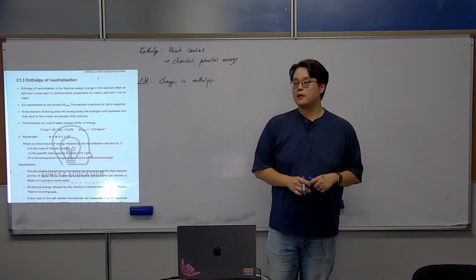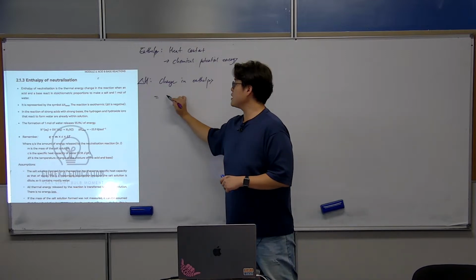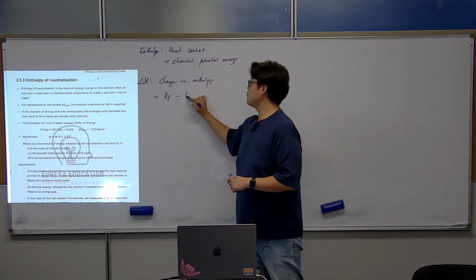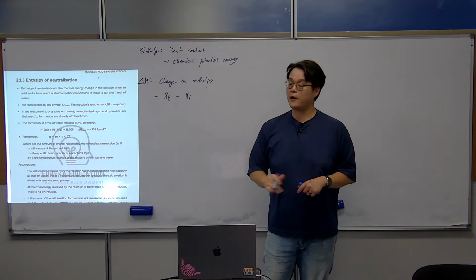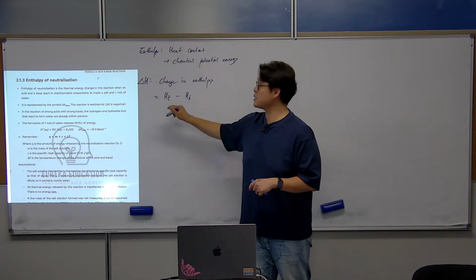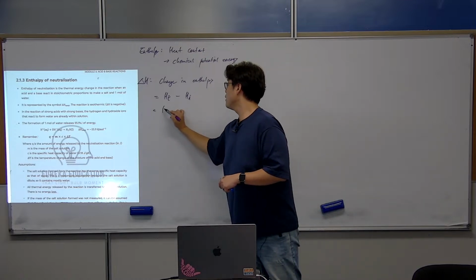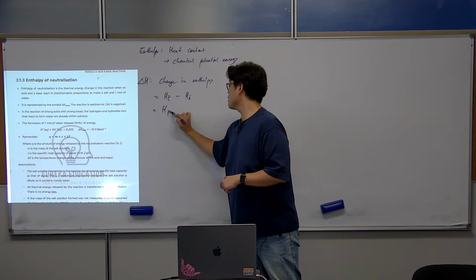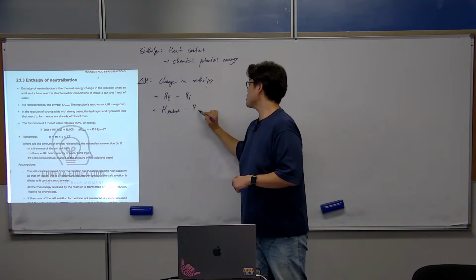Think about what I mean by the change in. Change in means final enthalpy minus initial enthalpy. So final, as in the enthalpy of the products, H of the product minus H of the reactant.